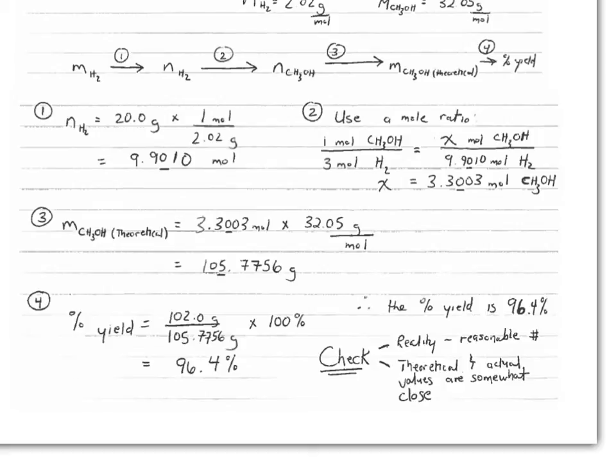As a check, 96.4% is a reasonable answer. If you had 9,604%, then you maybe got a problem. Then you want to take a look at your calculations in case a silly mistake was made along the way, or maybe you have to look at your overall approach and modify it. Also, the theoretical and actual values are somewhat close. The 105 grams is pretty close to the 102 grams, so you know that we're probably in the right ballpark here.